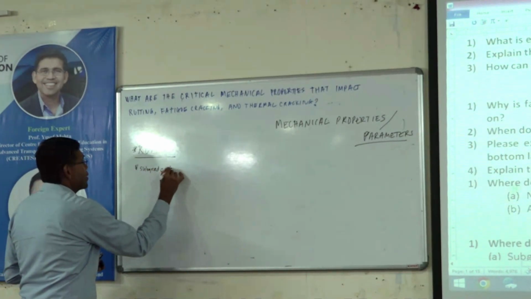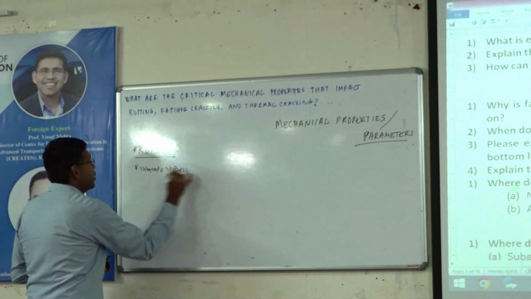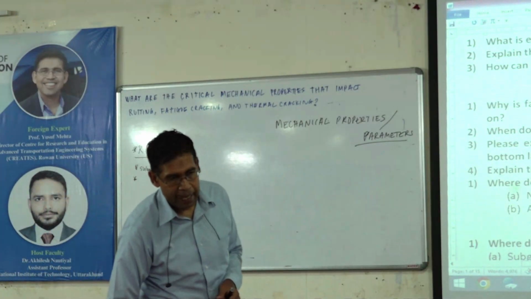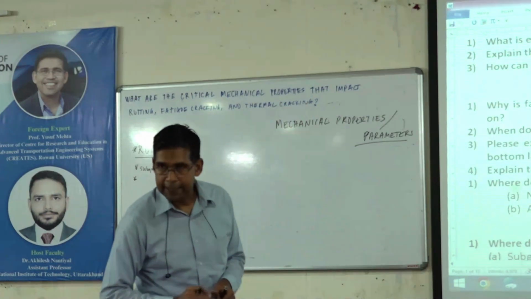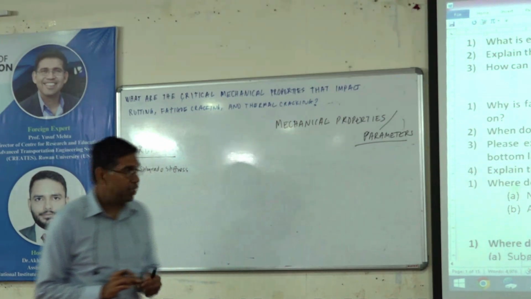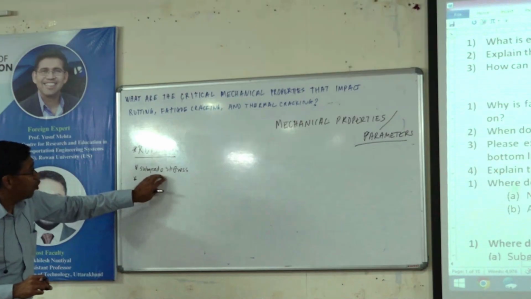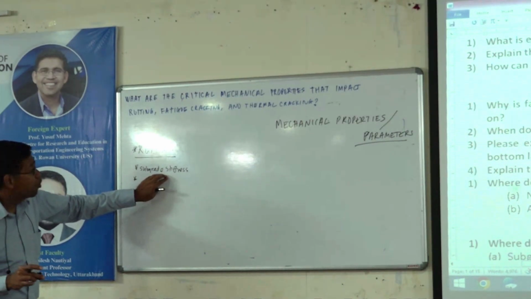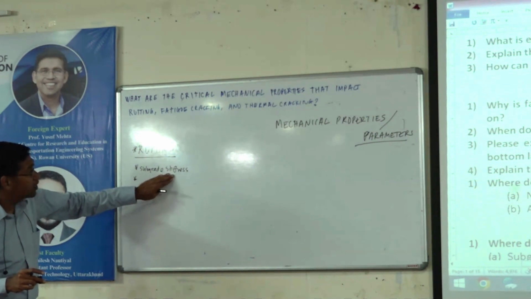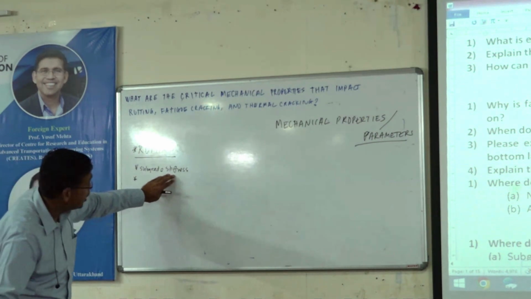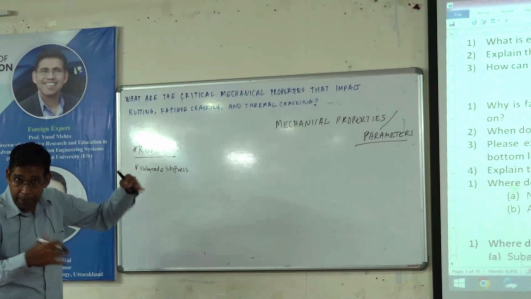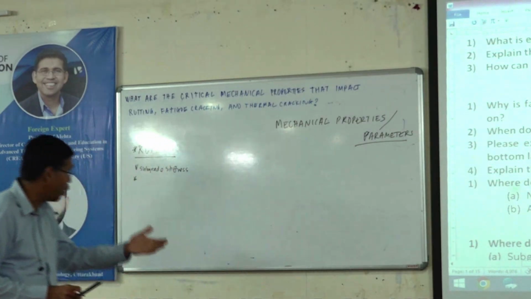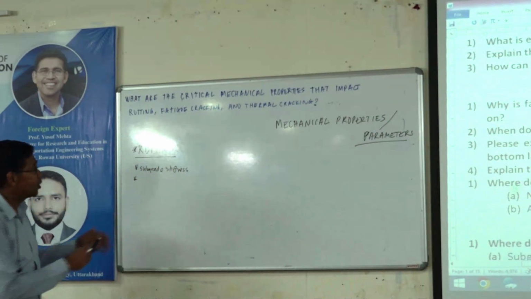Okay. This will happen when you have a very low subgrade stiffness, but there is a catch here. Subgrade stiffness can be low, but you can make a very thick pavement and protect the subgrade. Remember, the whole purpose of the pavement is to protect the natural soil. So low subgrade stiffness is fine. What else?